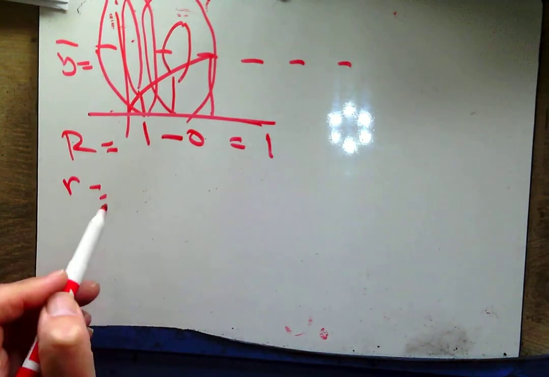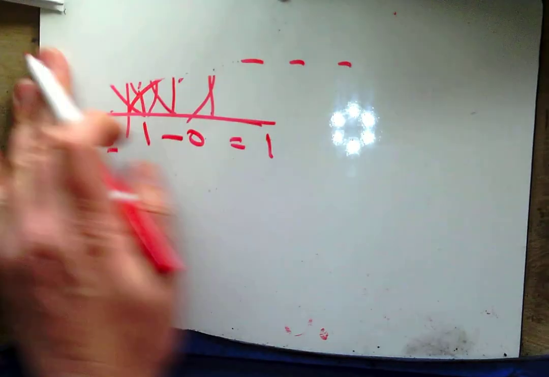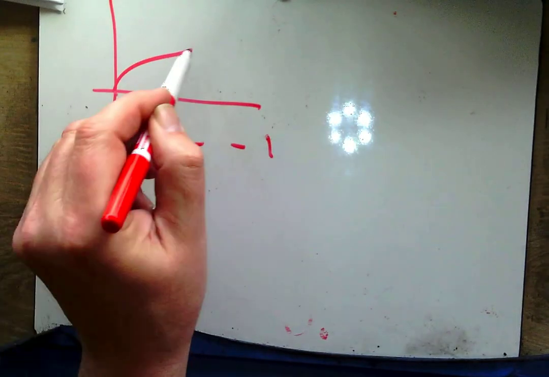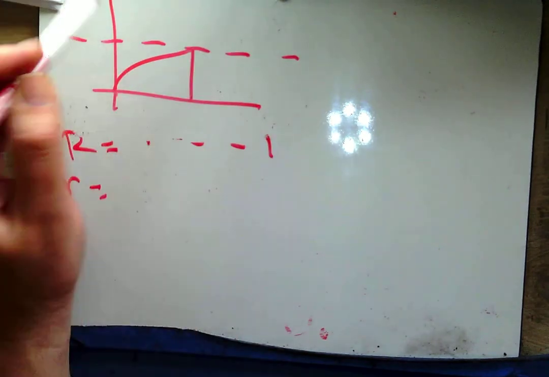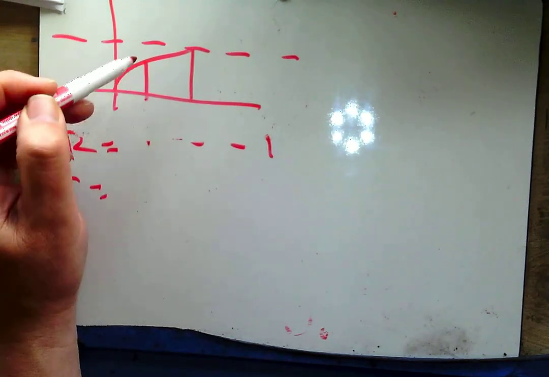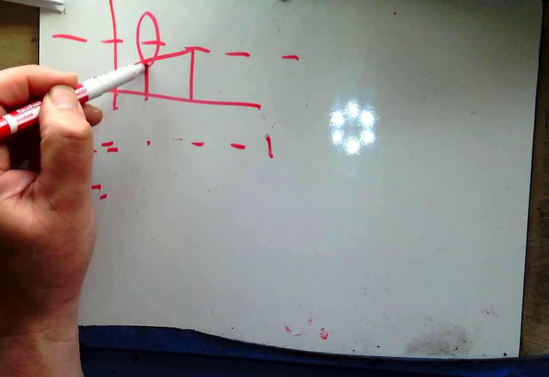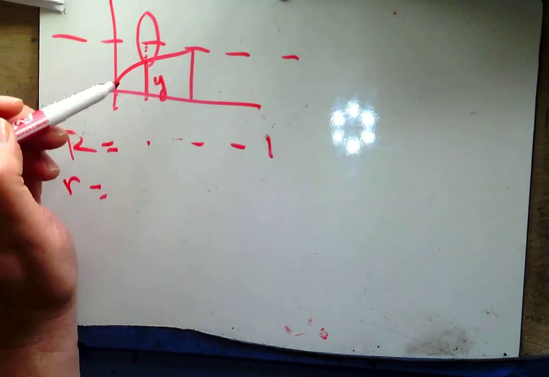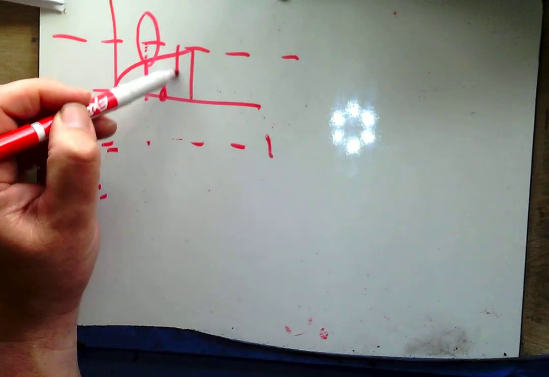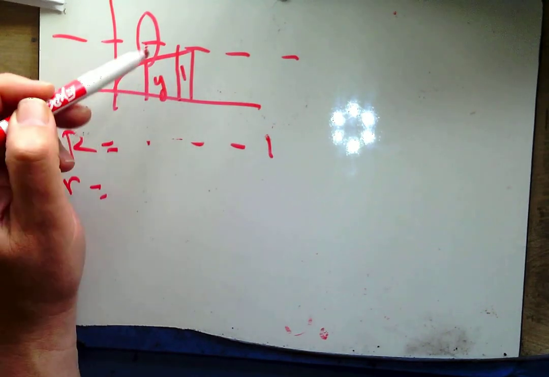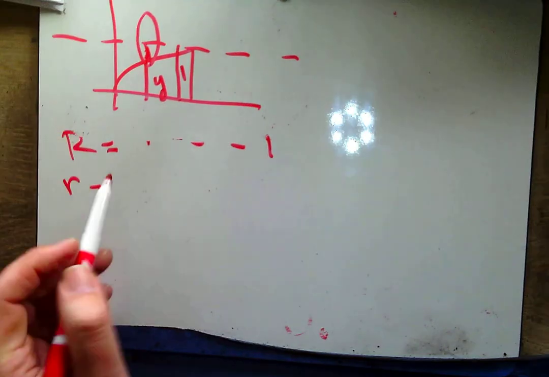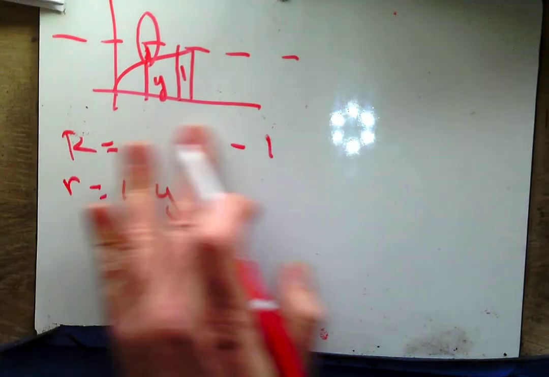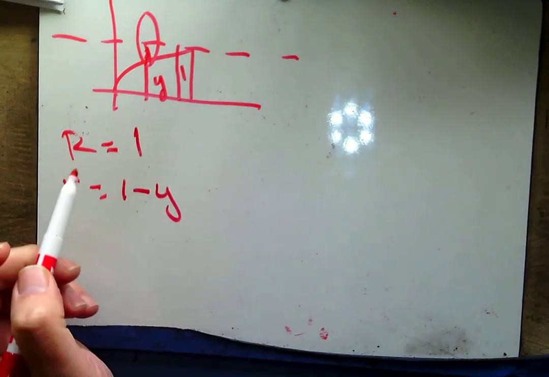What about little r? Well, let's get rid of some of this visual noise and take a look at explicitly finding little r. So I draw that segment perpendicular, and I can see here little r. I know this is y, and I know that this is 1, and so little r is going to be 1 minus y. Big R was a constant 1.